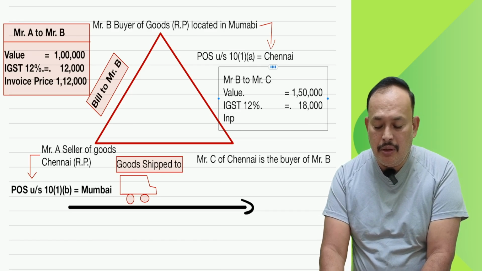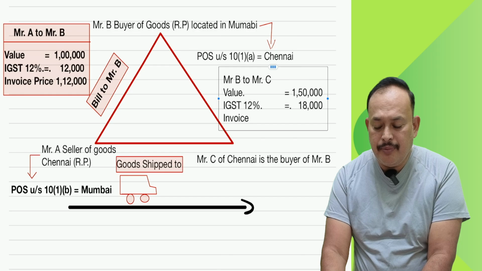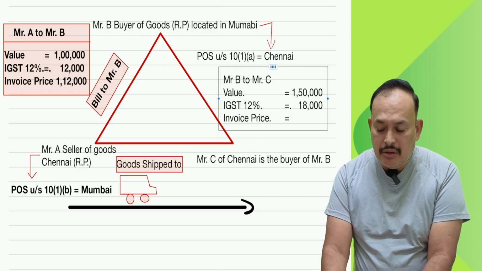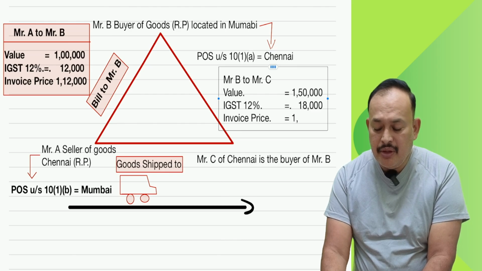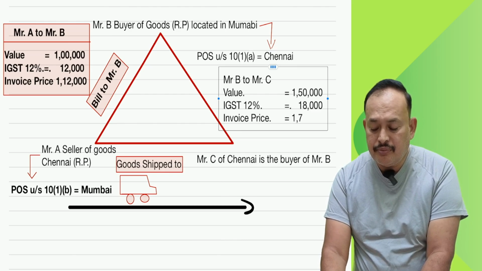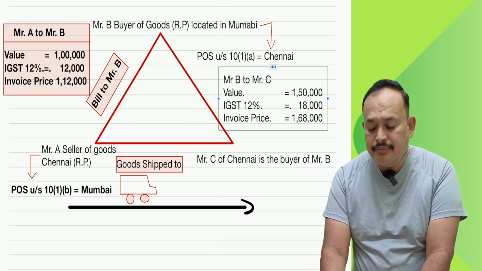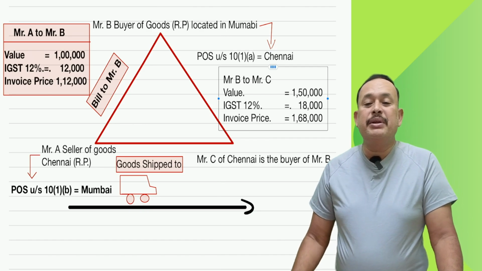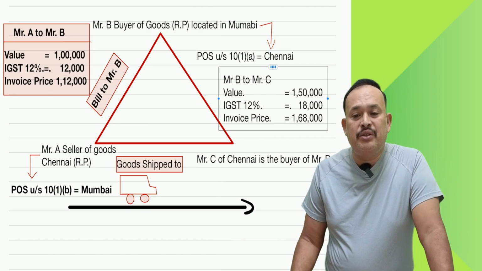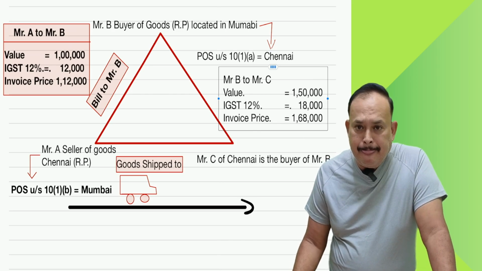Yes, 18,000. Calculate and tell me. So the invoice price, how much comes here? 1,68,000. Correct? 12% IGST on 1,50,000 is 18,000 rupees. Correct.